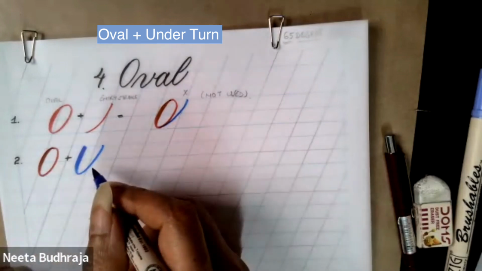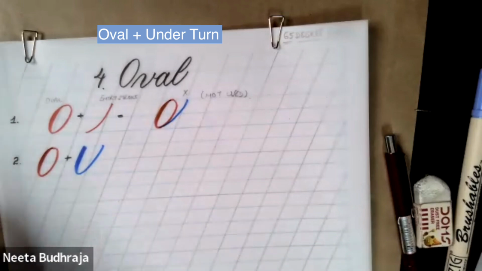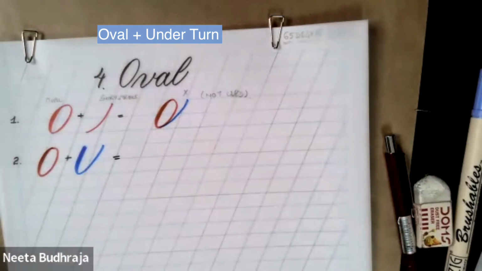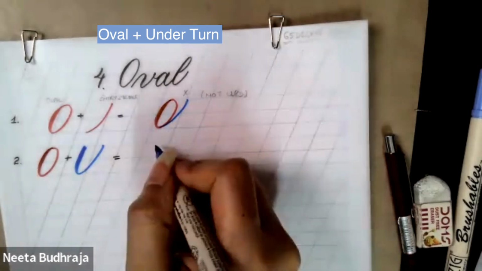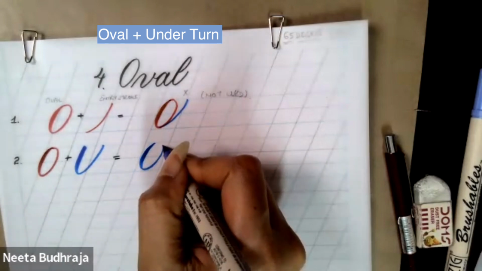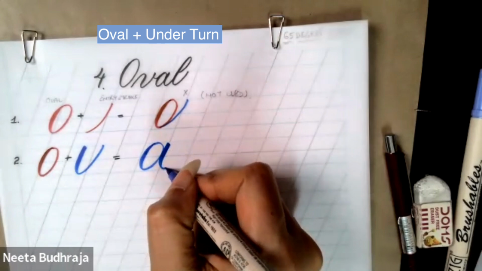And when we join together these two strokes, any idea which letter will it form? A part of that letter. So let's see this and this.